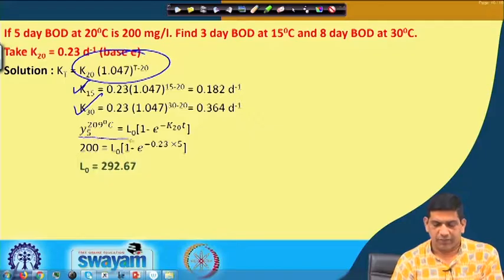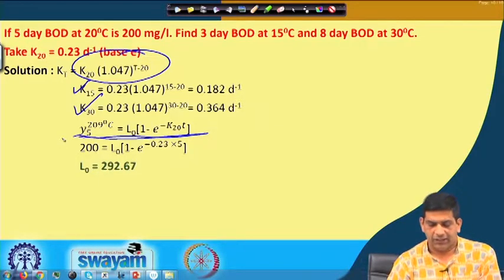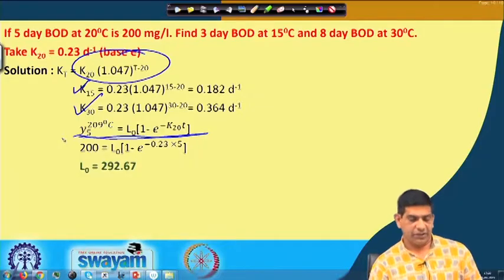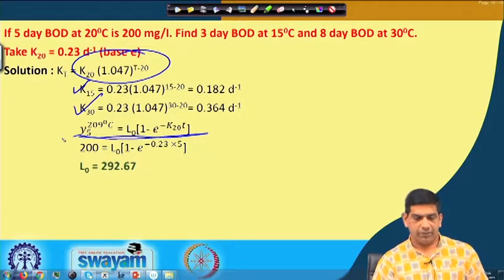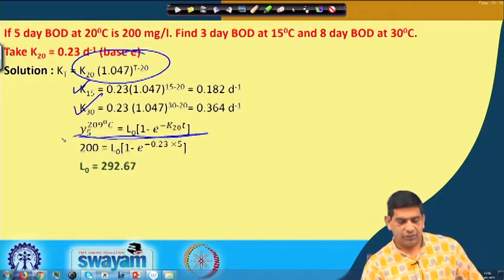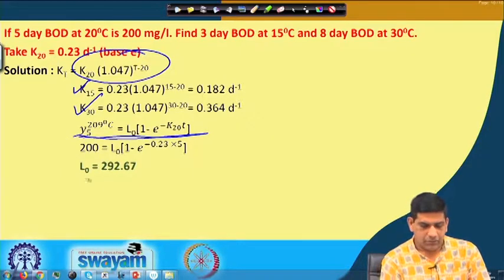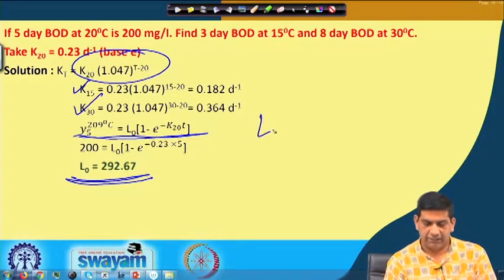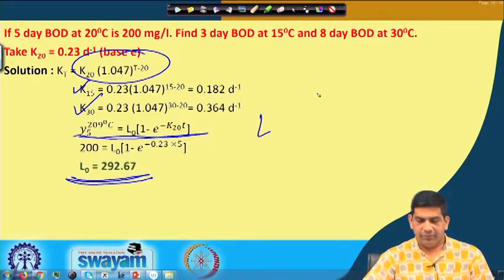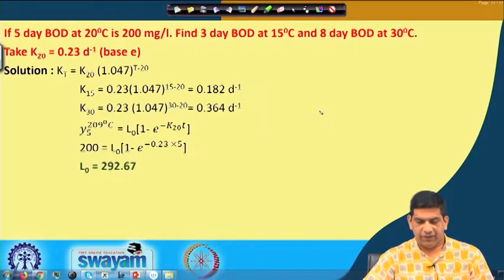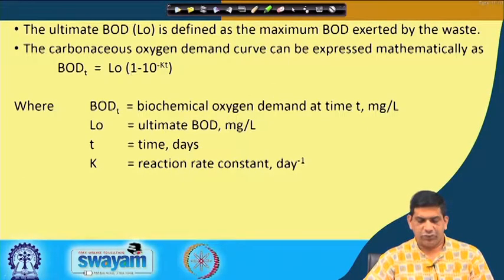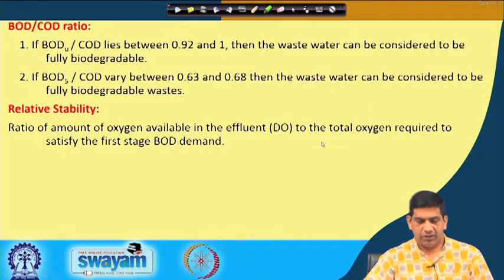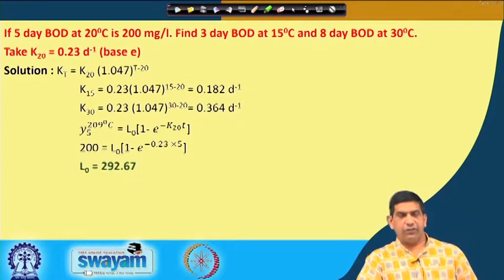Now in terms of BOD, it is L0 times (1 minus e to the power of minus K20 T). If the 5-day BOD is 200, what was the ultimate BOD? That is what we have to find out first. Once we know the ultimate BOD, we can calculate BOD at a time t with the formula from the previous slide: BOD at t is L0 times (1 minus e to the power of minus KT).